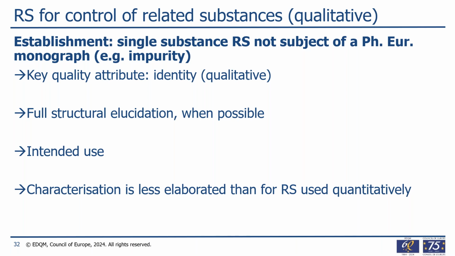And we verify the intended use, because even if, for instance, we use an impurity A reference standard, and this would be 95% pure, but imagine that the impurity present at 5% really over-responds in the LC method, then the identification of the impurity may not be straightforward. So this is also something we take into account during the establishment. But in general, it's safe to say that the characterization of such materials is less elaborate than the reference standards that are used quantitatively, as I will discuss in a minute.